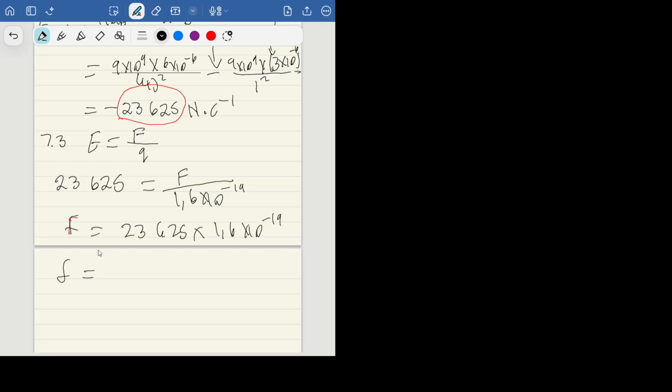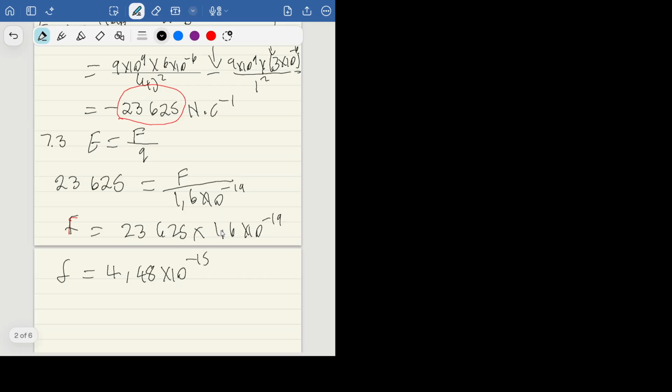So the force will be equal to, let's check, I got 4.48 times 10 to the power of minus 15. Let me do it again.